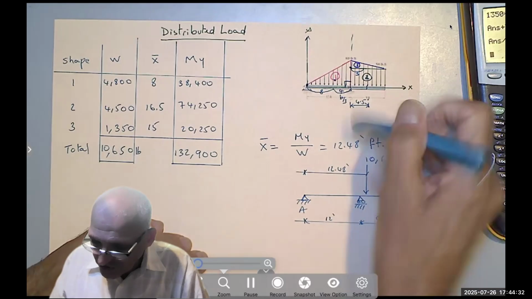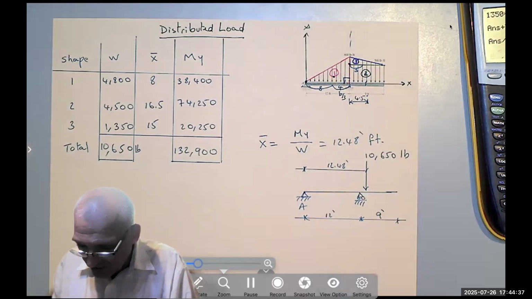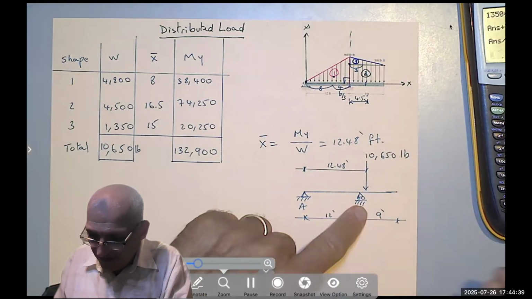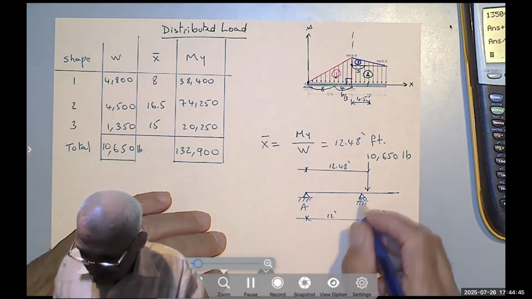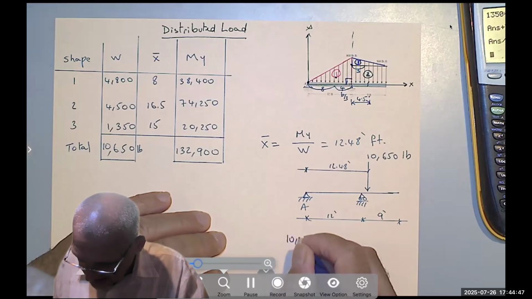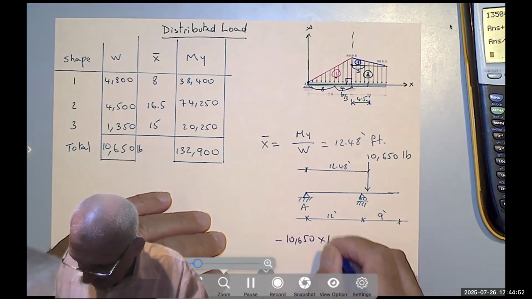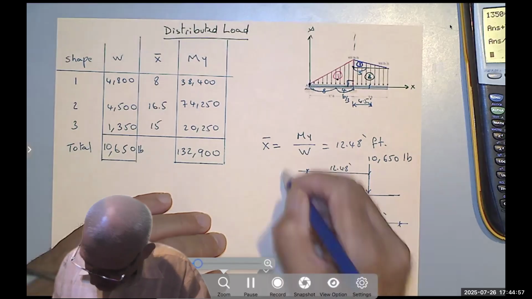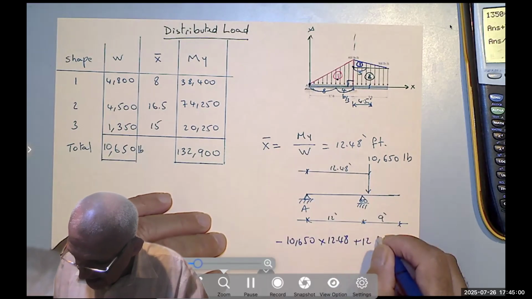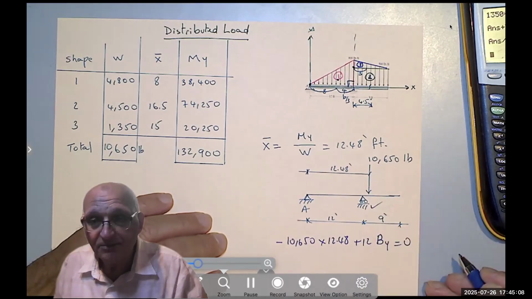Meaning, instead of trying to find the moment about point A of all these loads, suppose I want to find the reaction at B, I would say minus 10,650, which is rotating clockwise so it's negative, times 12.48, and then I have a reaction going up, counterclockwise, plus 12 By equals 0, and that allows me to find By.